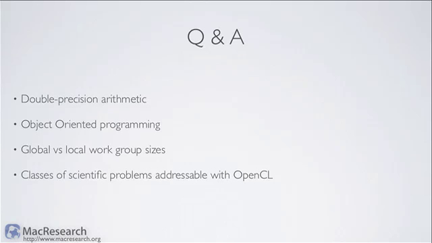There was a question asking for some clarification on global versus work group sizes, when you want to tune one versus the other, so we'll talk about that. And then we'll talk generally a little bit about the classes of scientific problems that you can solve or work on using OpenCL, and when and how those might be appropriate.